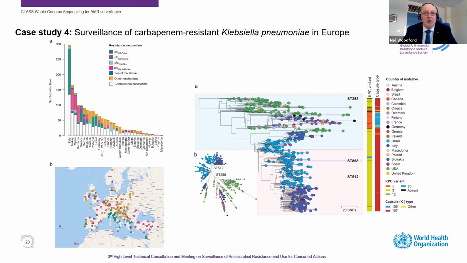So you can see that the OXA-48 producers are far more widely scattered. If you look at the dendrogram on the right of the slide, then this shows how you can start to analyze the KPC-producing Klebsiella pneumoniae, and you can start to break those down into the sequence types, the clonal groups, and start to identify the high-risk clones and understand the biological basis for the resistance problem that's being faced in many countries.